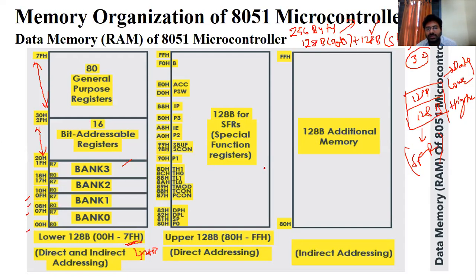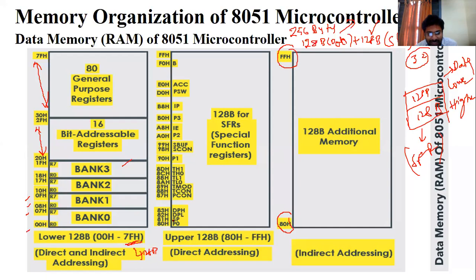See this, combinedly we are using direct and indirect addressing, meaning we are using the data as well as the SFRs. But we are separating direct as well as indirect addresses separately. This is the memory from 80H to FFH.